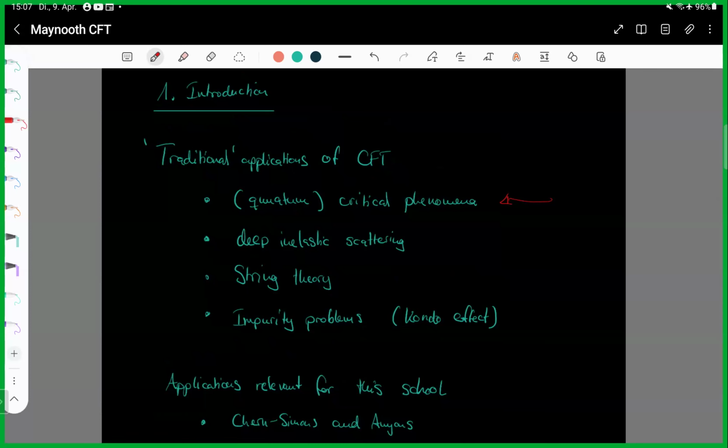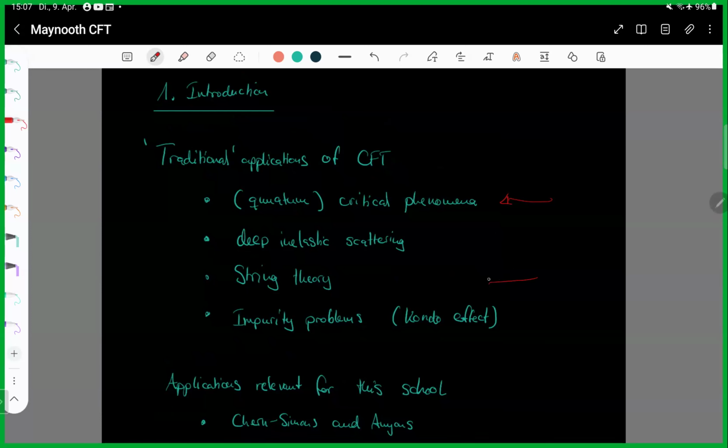So it was perplexing that such a powerful symmetry, something as exotic as an infinite dimensional symmetry, would actually govern a physical system. Then there were applications to deep inelastic scattering.